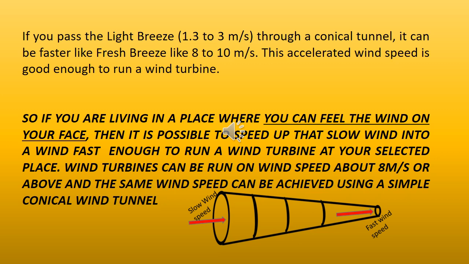So if you are living in a place where you can feel the wind on your face, then it is possible to speed up that slow wind into a wind fast enough to run a wind turbine at your selected place. Wind turbines can be run on wind speed of about 8 meter per second or above, and the same wind speed can be achieved using a simple conical wind tunnel as shown in the figure.